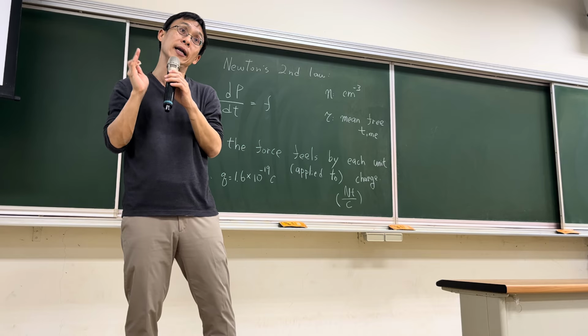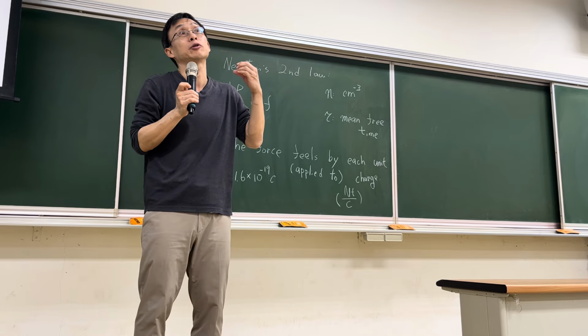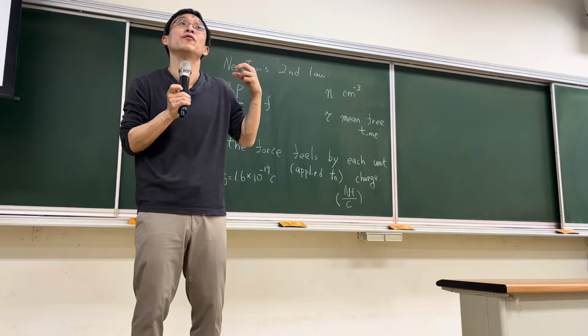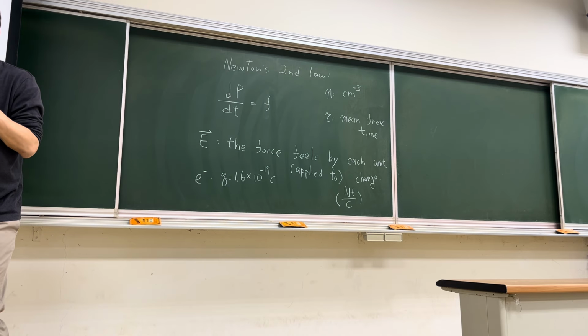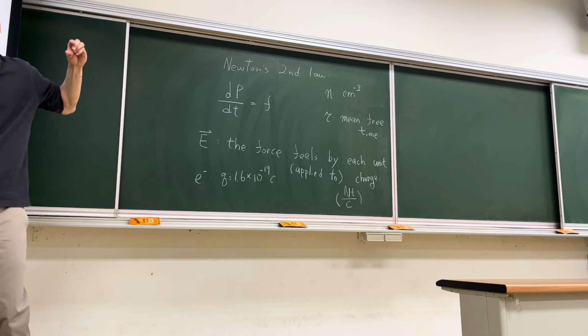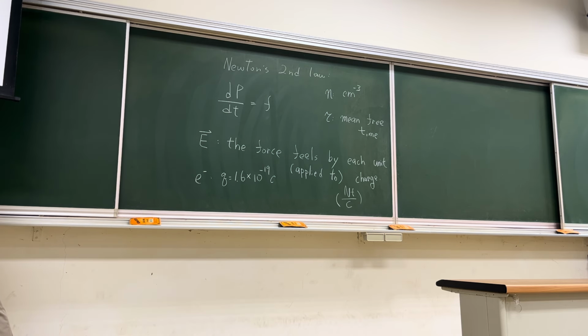Unless you apply a certain electrical field by voltage, forcing all of the electrons running in the same direction. That is how we create a useful electrical current.